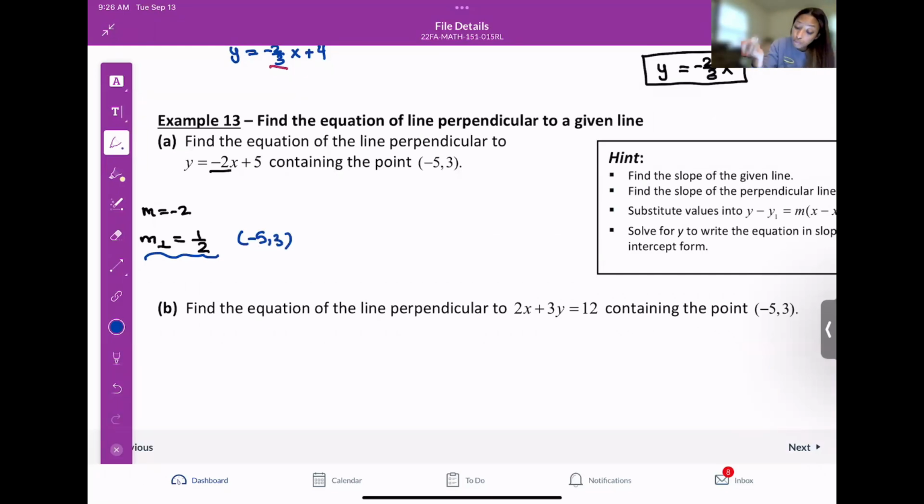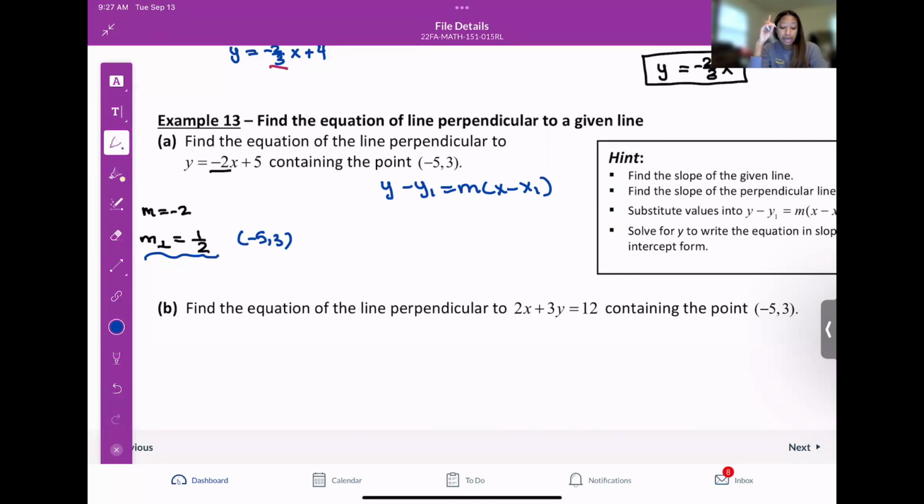So let's use point slope form to solve this. y minus y1 equals m times x minus x1. Our line is perpendicular to the one that's given. The given line has a slope of negative 2. So our line is going to have a slope of positive 1/2.